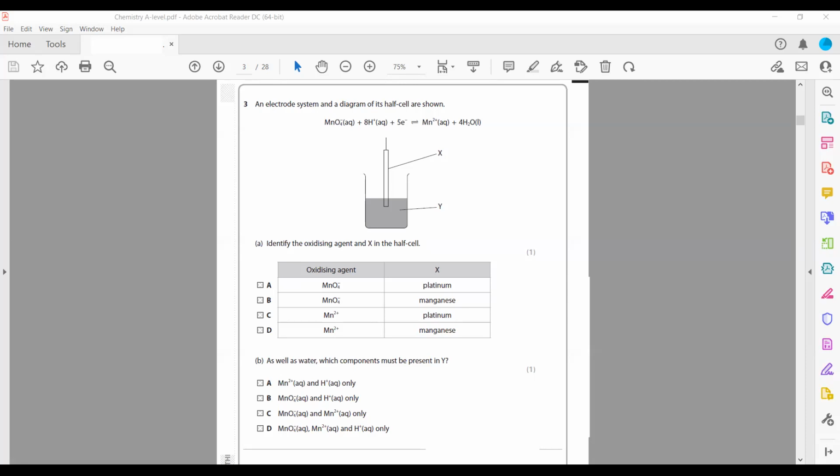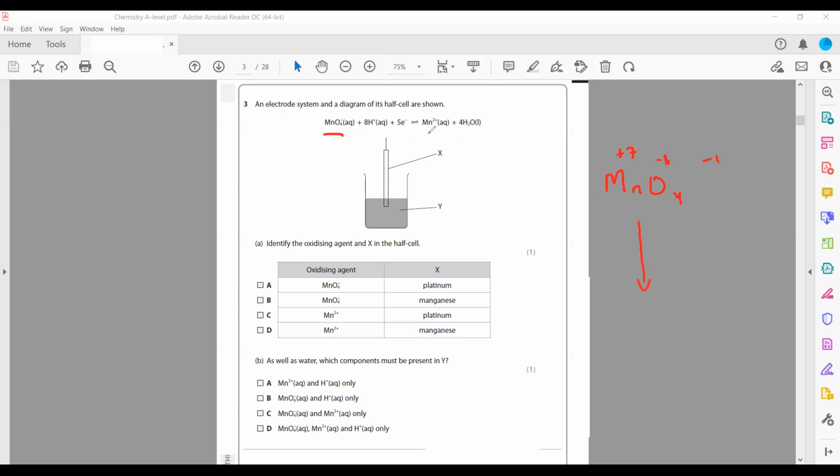So when we check the option, MnO4. So what is the oxidation number of Mn here in MnO4? Each oxygen is -2, so 4 oxygen will be -8, so Mn is +7.